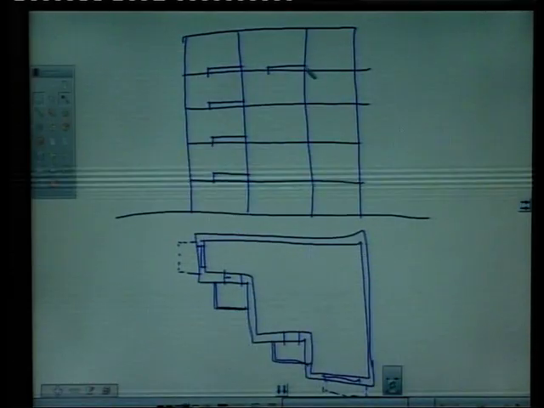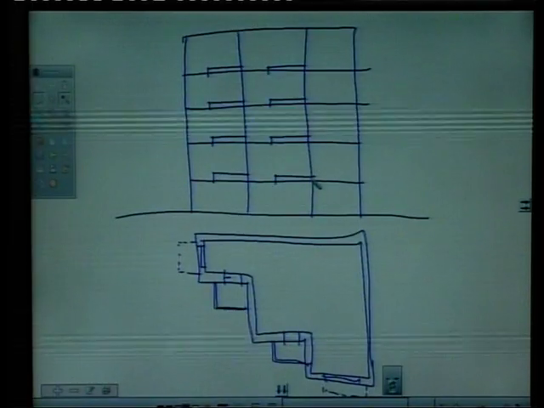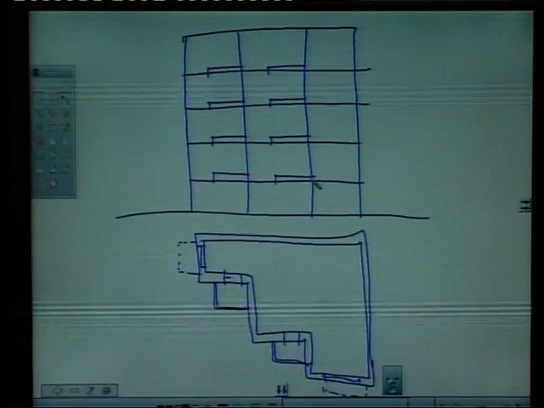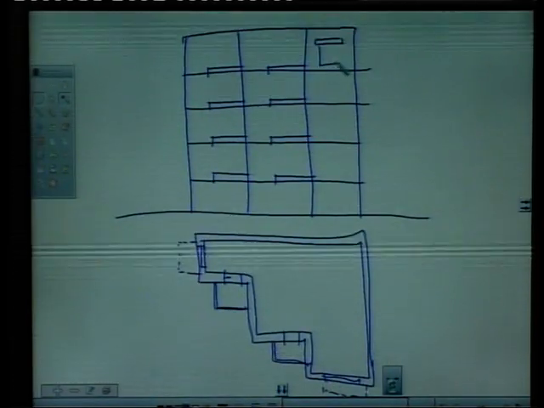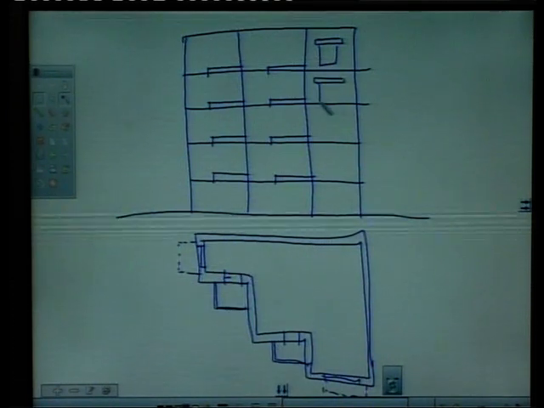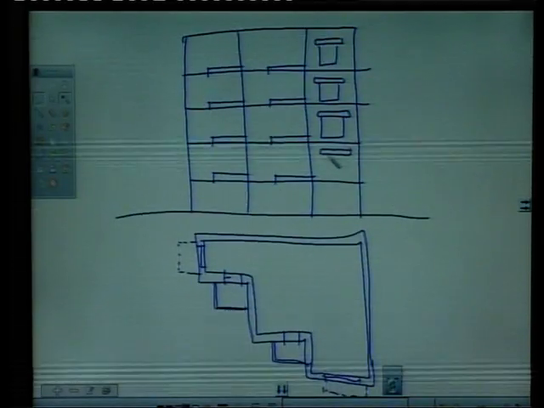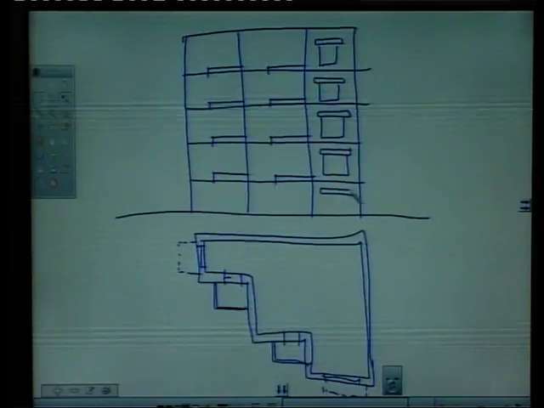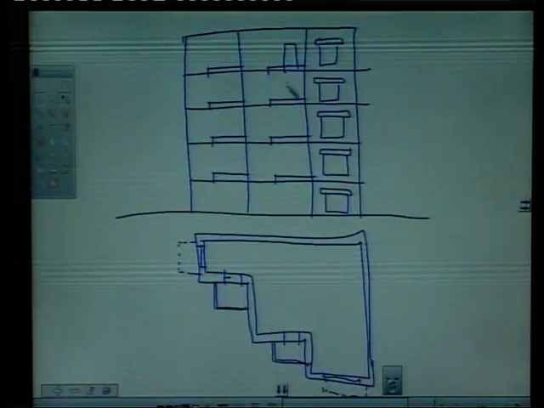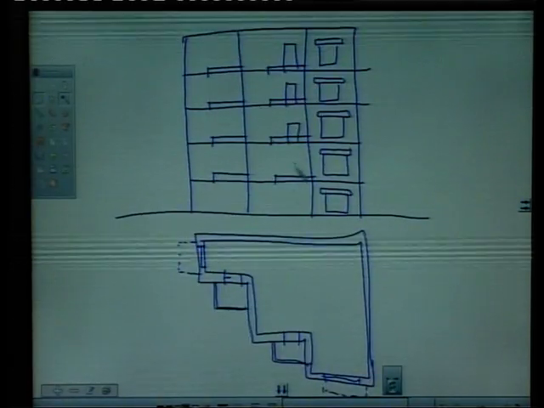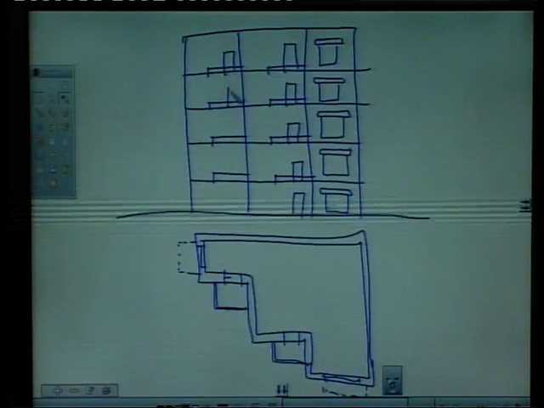Another balcony is here, and say this window, say these are the windows with chhajjas. Windows will be at the ground floor also, and say here are doors. I am drawing quickly, I am just clearing the concepts.